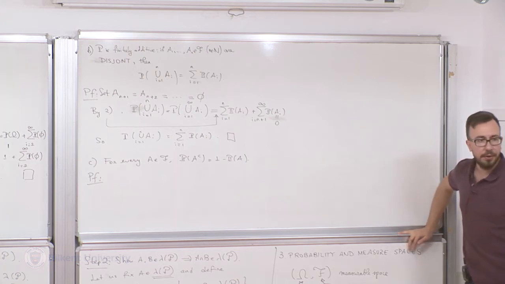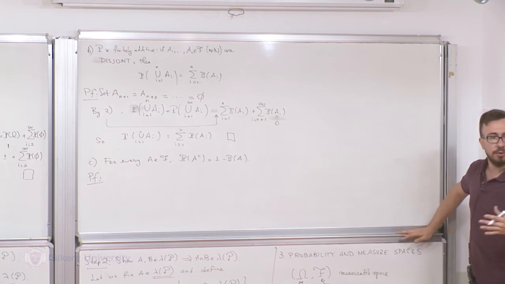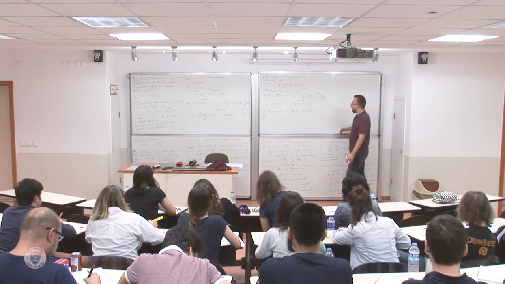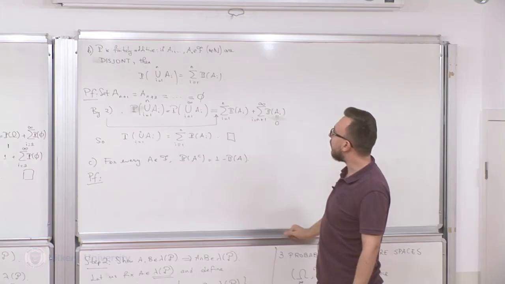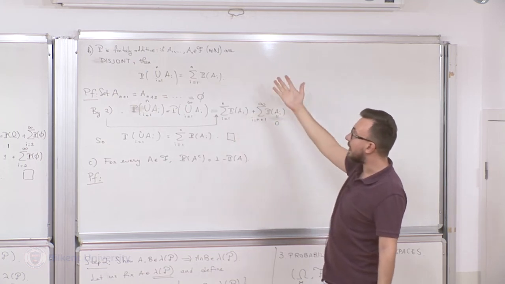So there is one side of the world and the rest of the world. The probabilities of those two disjoint sides forming the whole world give you 1. And how can we prove it? Well, let's use part B. Because in part B, we have finitely many sets.